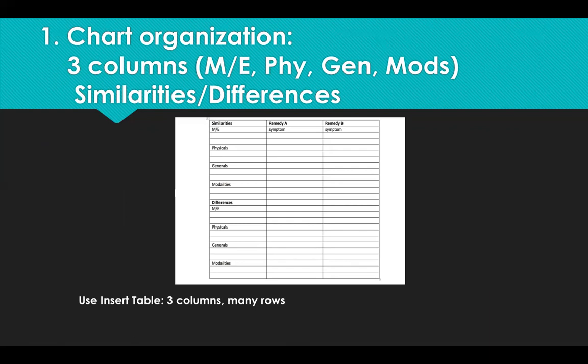It's very easy to set up this chart if you use the insert table from your keynote at the top of your computer. You can do 3 columns and you can add as many rows as you want, and you can always delete and you can always add rows. So there's a great deal of flexibility.